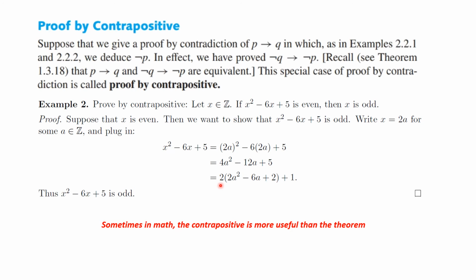So you see this is 2 times an integer, and so that means that this part is even, so plus 1 is odd. So you see what we've done is we assumed not this, that X was even, and we showed that this is odd.